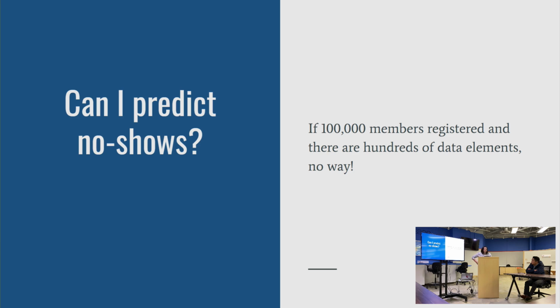If they don't show up, there's a lot of money involved. So for example, like with patient data, if you line up a doctor and all of the staff and all of the equipment needed to do a procedure and that patient doesn't show up, then that could be potential misuse of resource.